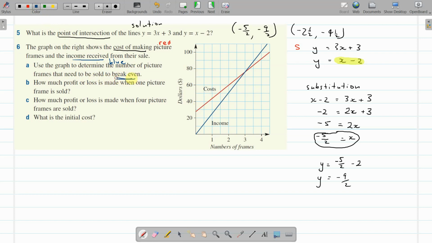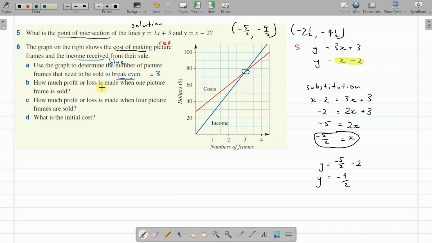Okay, that term there means where the costs and the income are the same. In other words, where these two lines intersect, which is there. And it looks like the number of picture frames equals 3. At 3 picture frames, they've broken even.